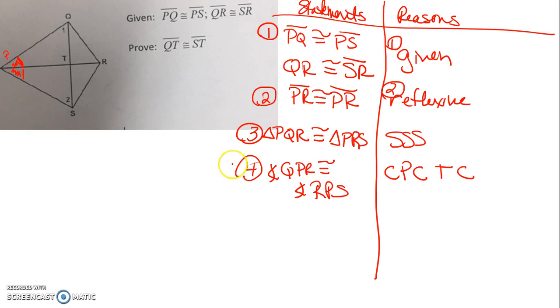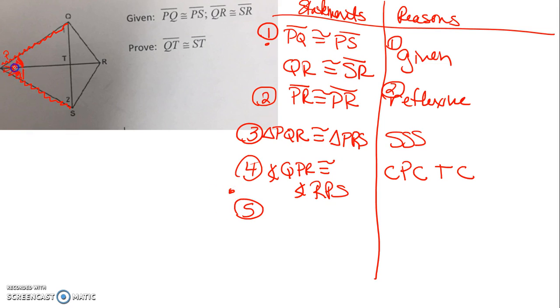Alrighty. And now that I have these angles congruent, originally I already had from up here these sides congruent, right? So now I have these sides congruent. I'm saying these angles are congruent.